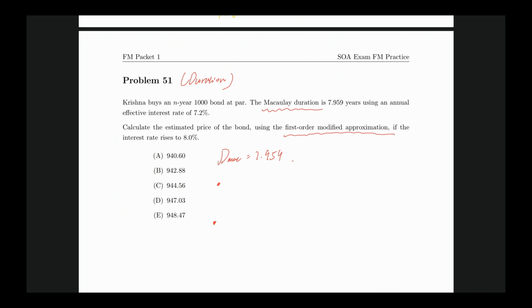So the first one is the relationship between the modified duration and the Macaulay duration. So D mod, the modified duration, equals exactly the Macaulay duration divided by 1 plus i.